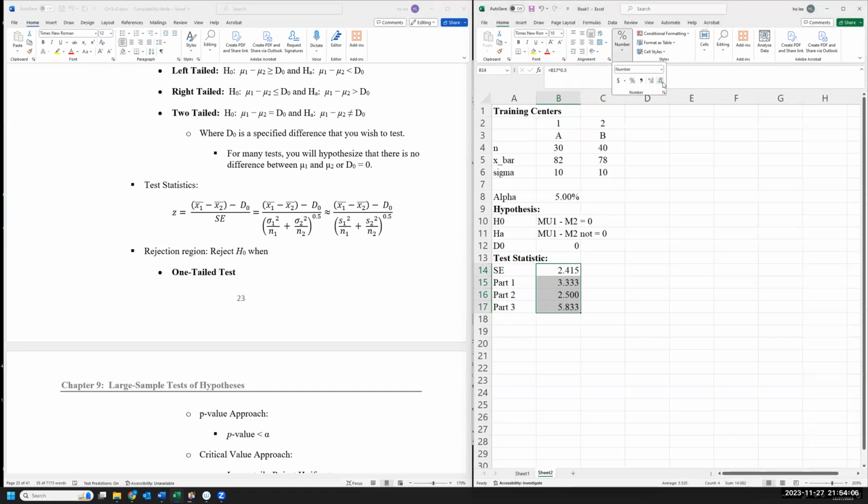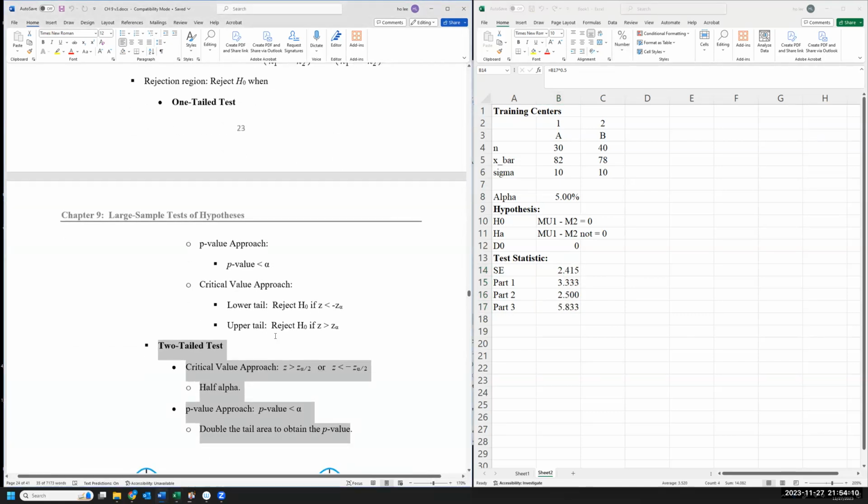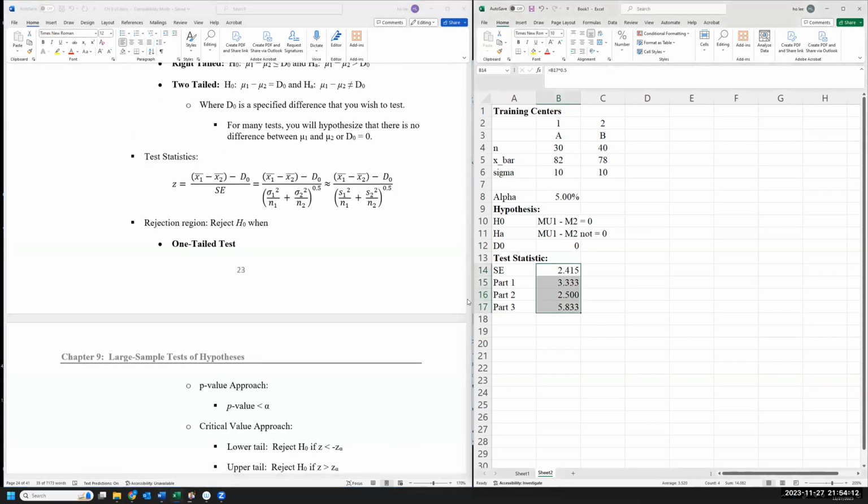Okay, so that's what it should be. And then the test statistic, Z, is equal to X bar from population 1 minus sample average from population 2 minus D naught, and the whole thing has to be divided by the standard error.